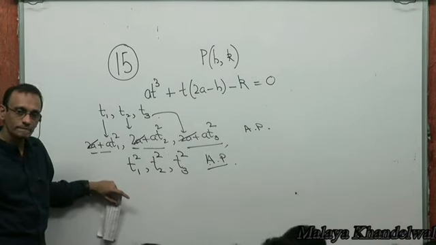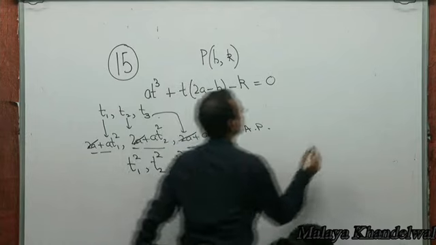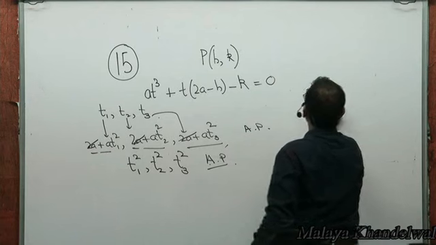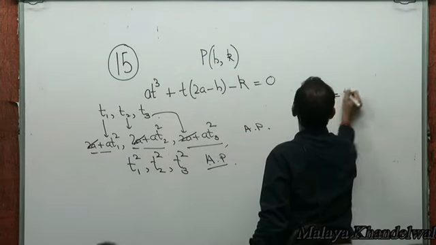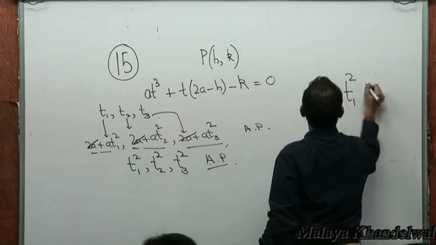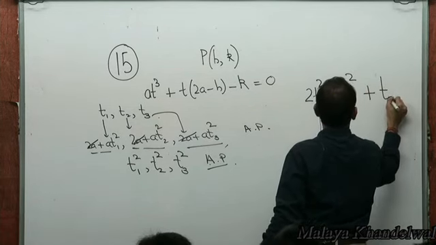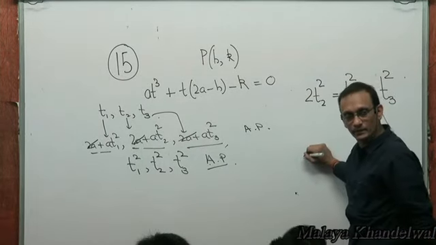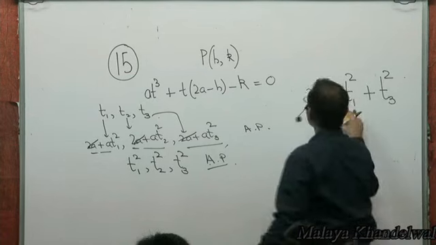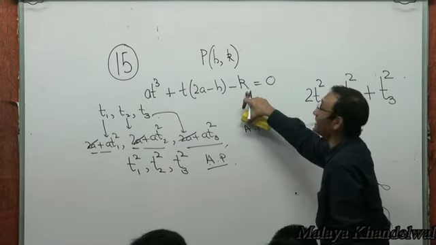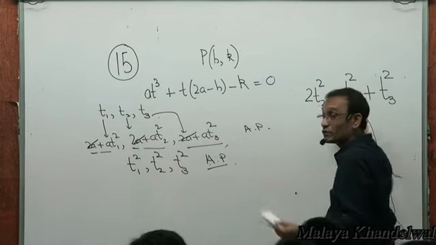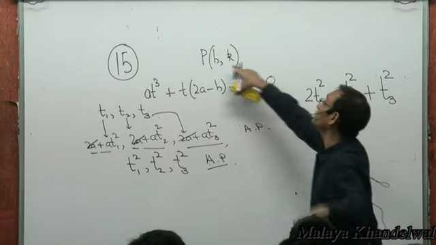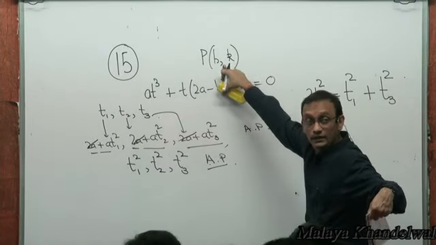Now, if they are in AP, that means 2T2 squared is T1 squared plus T3 squared, right? Now, using this condition, I need to eliminate H and K, I need to eliminate T1, T2, T3, connect H and K and generalize. Replace H by X and K by Y to get the locus of P. Right?